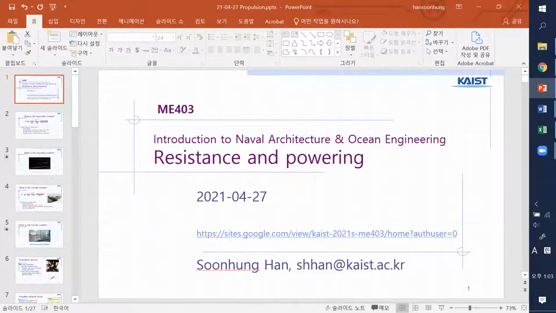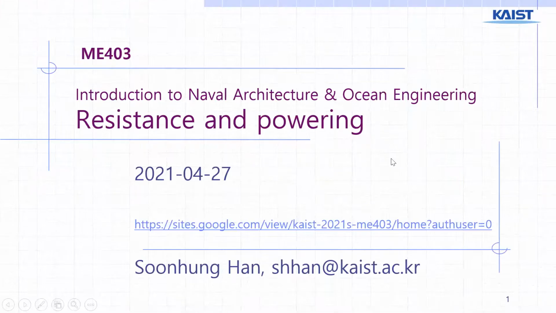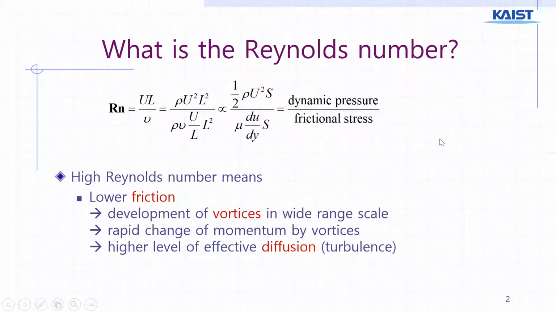The powering, the propulsion part. So the Reynolds number we already covered, but in more detail, it is a ratio between dynamic pressure and frictional stress.